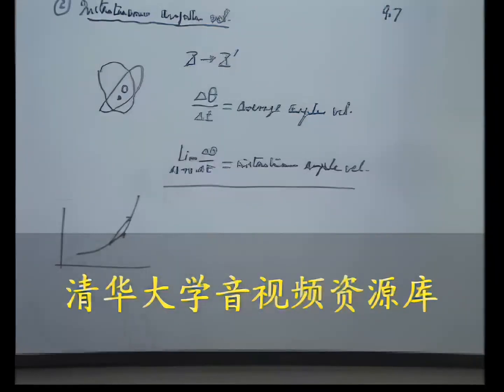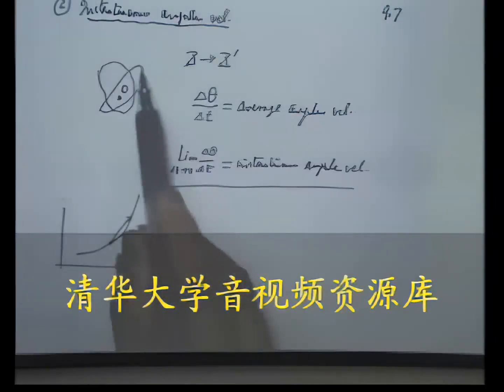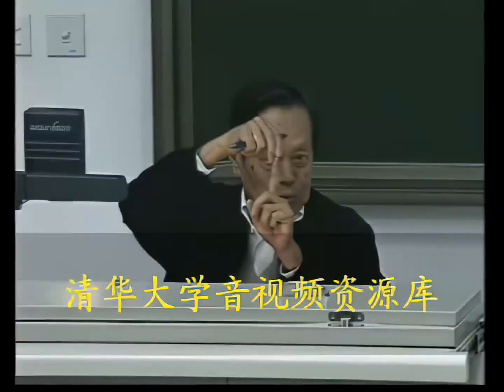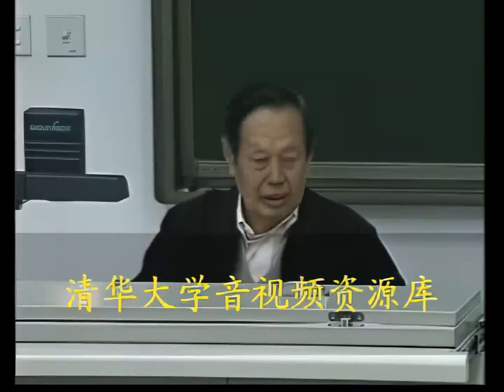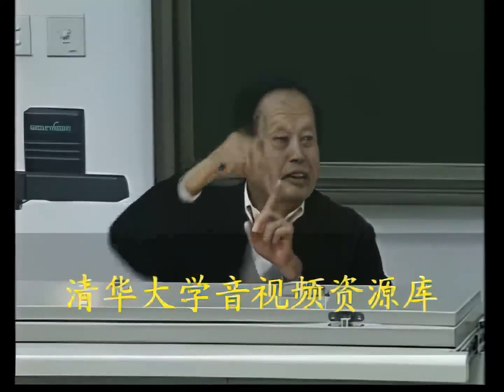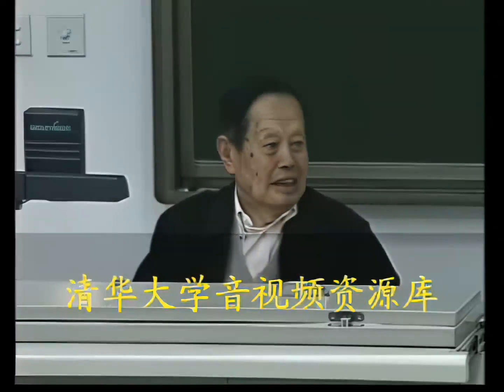In other words, when you take delta t, it's a rotation like this with an axis, because of what we just proved. If you take half of delta t, the axis would be slightly different, just like a linear motion. Eventually, when delta t goes to 0, it goes into some direction.